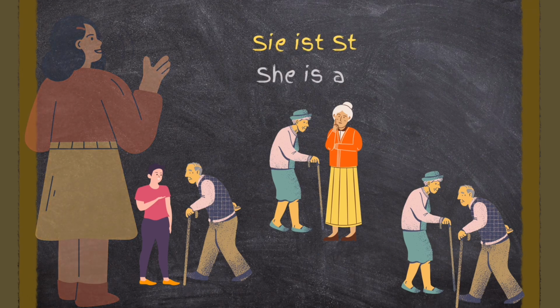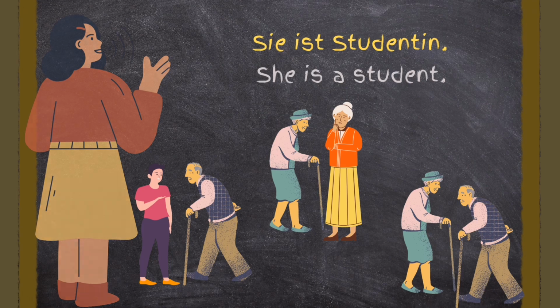In this slide, we will notice that all the two people talking to each other about a third person which is feminine, they will say Sie ist Studentin.